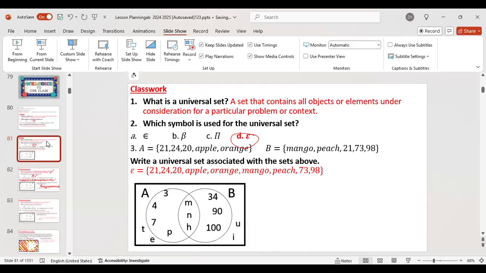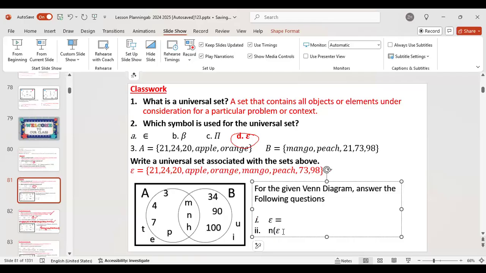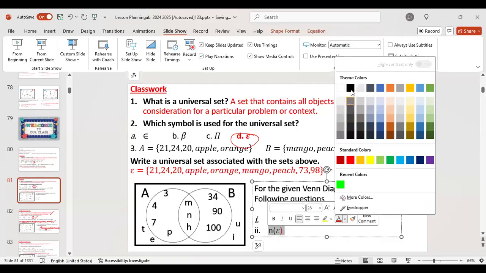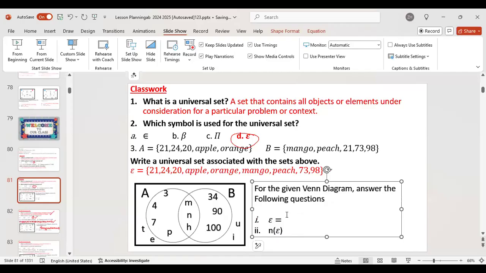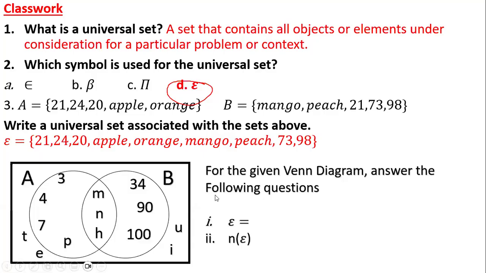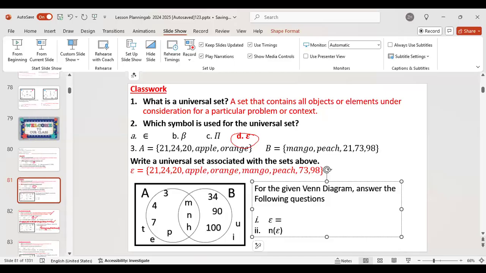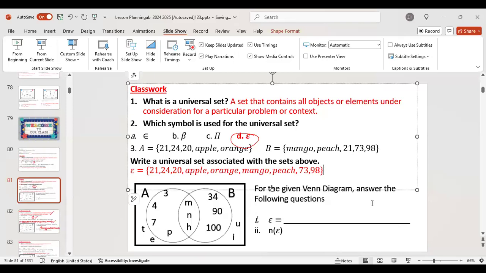So the first thing is to find the universal set, and then after that, give the number of elements in the universal set. So that's what we want to do. Let me put this in block. There we go.